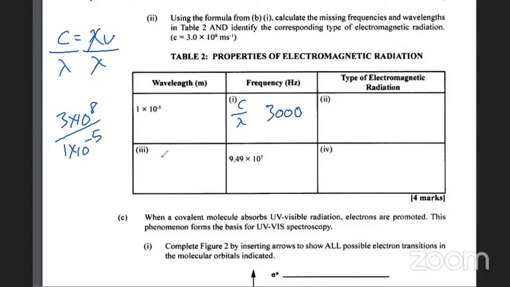All right, and then for this one, for the persons on the Zoom from my class, C is lambda times V. So now if you want lambda, you divide by V. So this time the wavelength is C over V. And in terms of the answer, I got 3 times 10 to the 14.